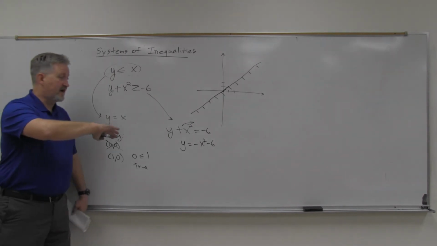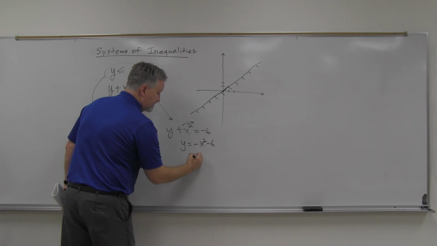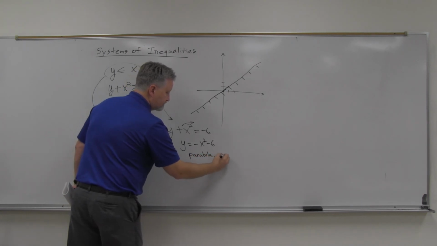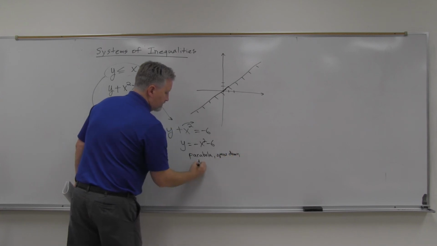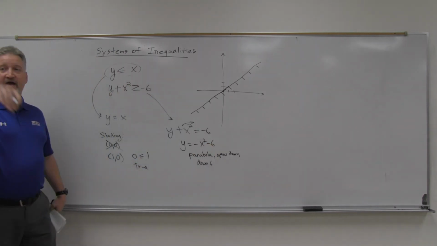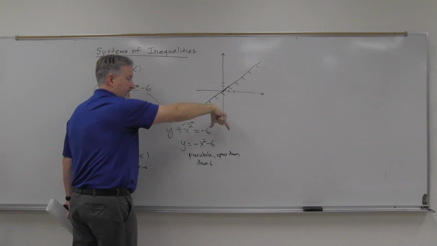And then I can see, yeah, that's a parabola that opens down and down 6, because of the -6 there. So I kind of have a visual: parabola opens down and down 6.